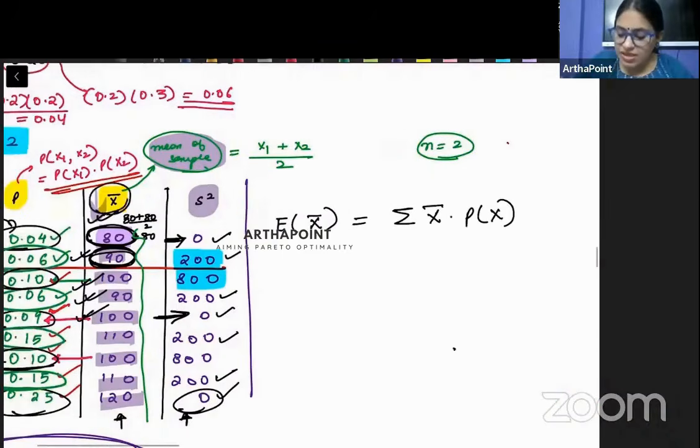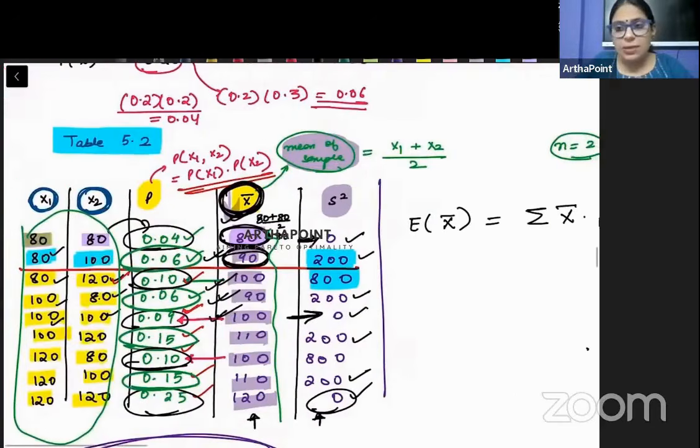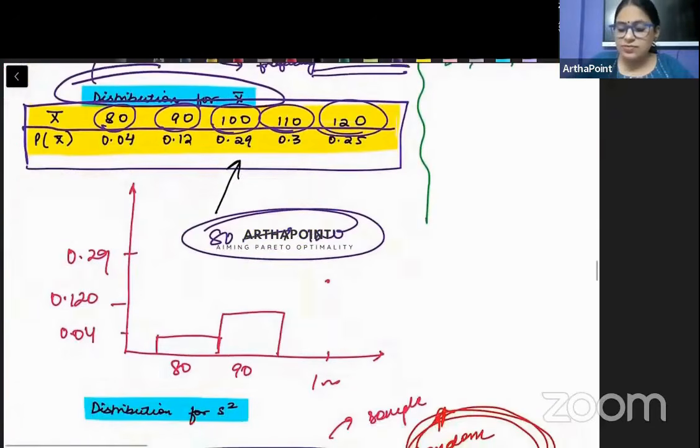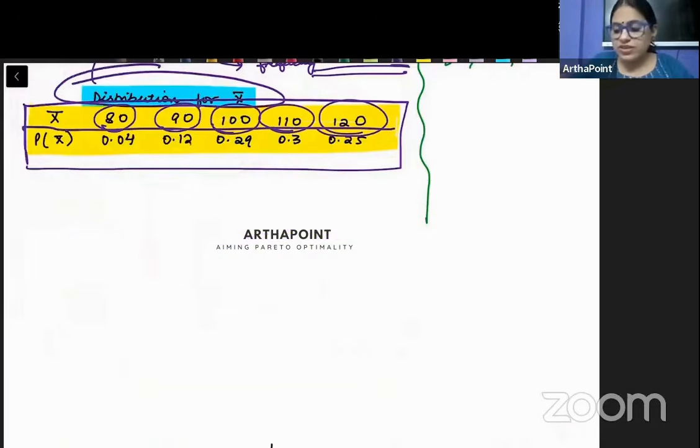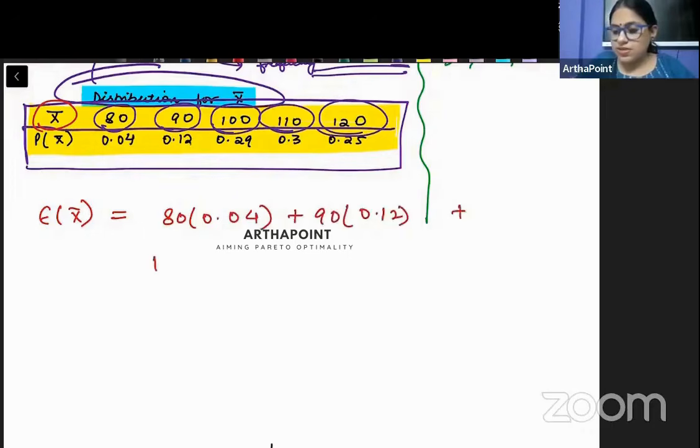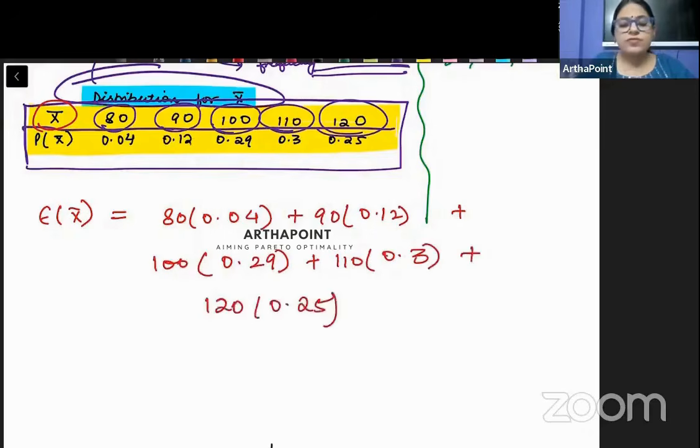तो हमें मीन की expected value निकालनी है, तो मीन की हमने probability distribution तो पहले ही बना लिया है. हमने सारे मीन लिख लिए, and corresponding to that we have written their corresponding probabilities also. So we have already written these means and their probability distributions. तो अगर मुझे इन मीन का मीन निकालना है, if I need to find the expected value of these mean, तो क्या करेंगे बेटा? 80 into 0.04 plus 90 into 0.12 plus 100 into 0.29 plus 110 into 0.3 plus 120 into 0.25.